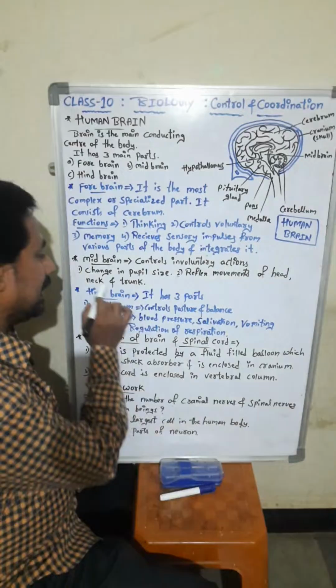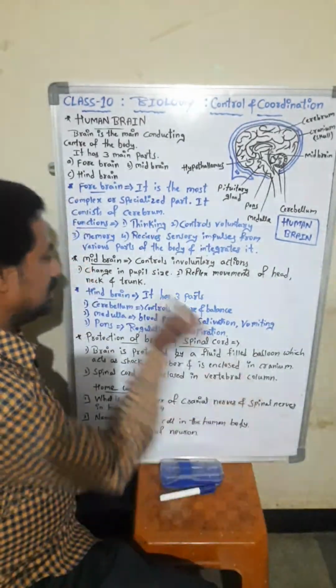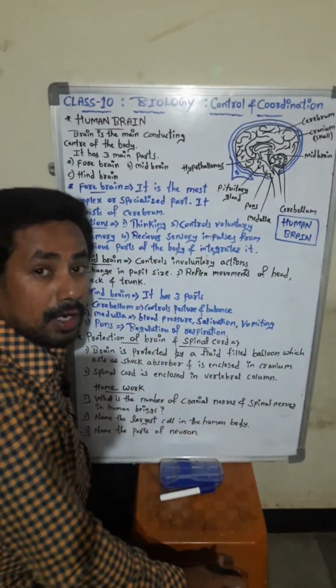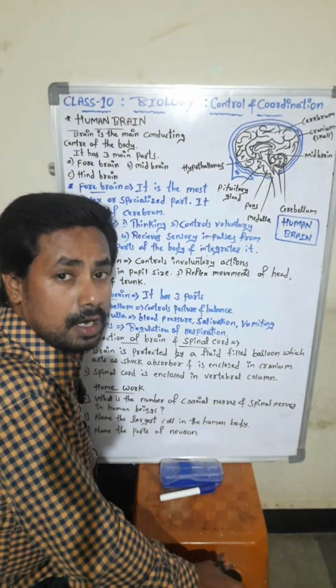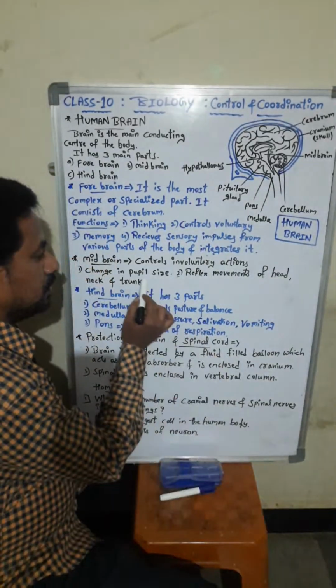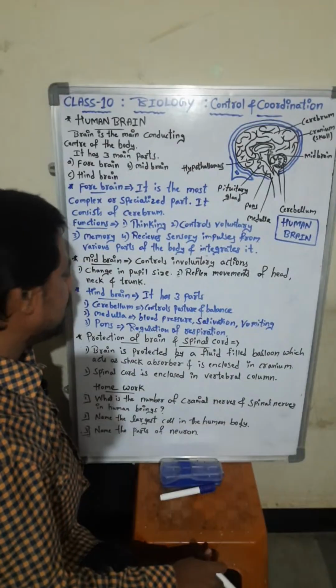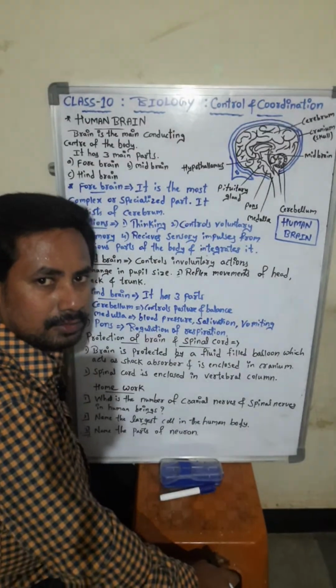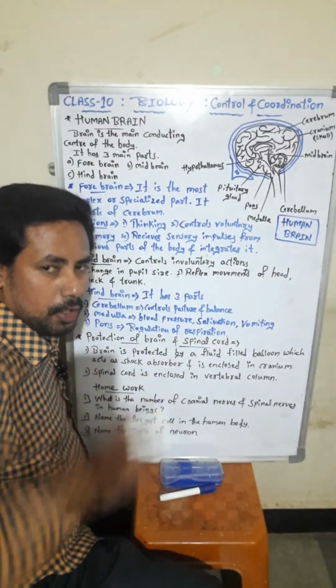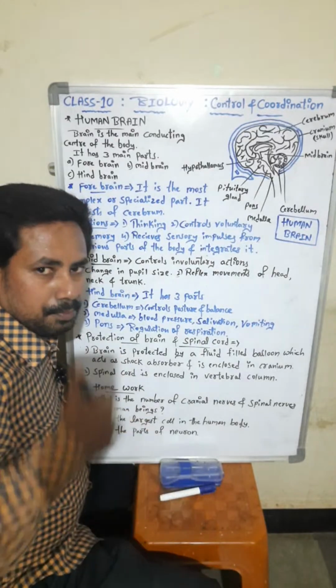Are you getting? Who will control that pupil size? Midbrain. Involuntary actions which are not under our control. And the third one is the reflex movements of head, neck and trunk. Trunk means the remaining body, the abdominal region below the chest.